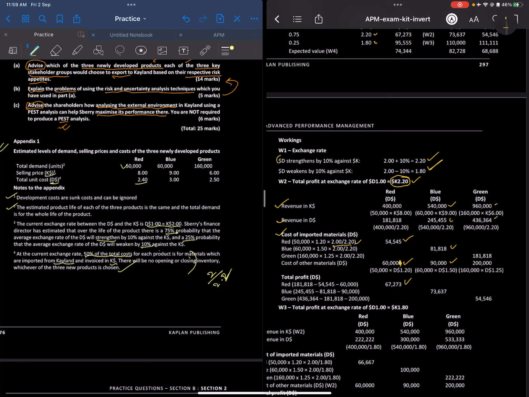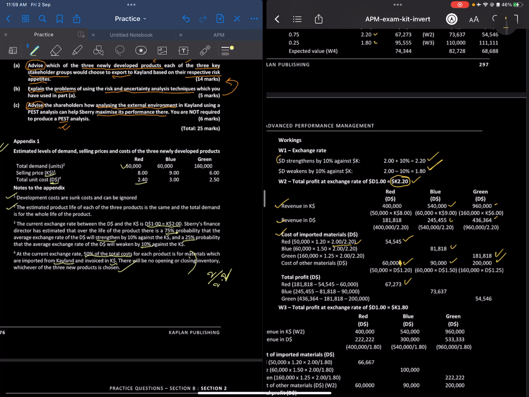Then we look at how much. So 60,000 times 1.5 is the total value when it is $2, right? But right now the value has changed to 2.2, so your costing will only be 81,818.